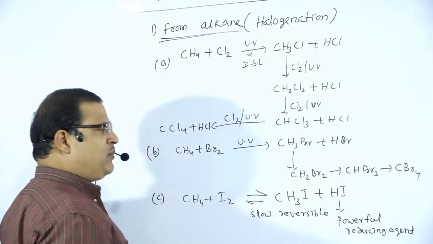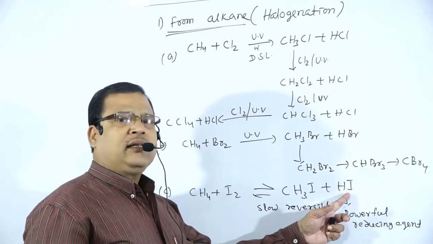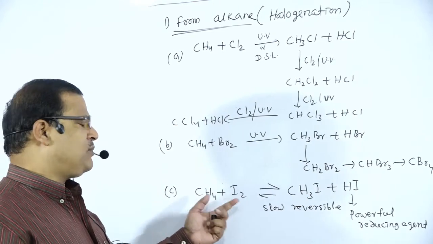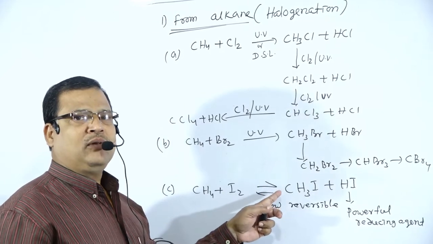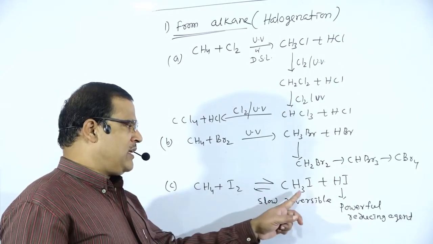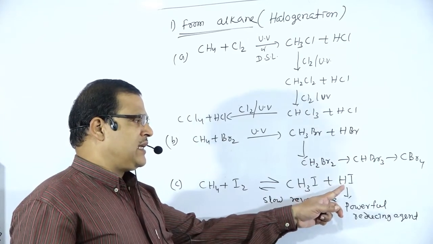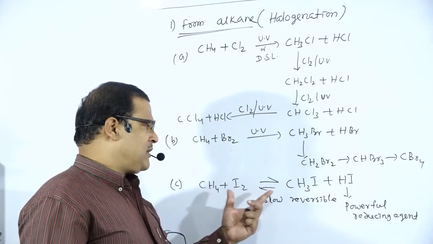HI reduces CH3I again to form CH4 and I2. The reaction is slow and reversible. Since the reaction is slow and reversible, it is carried out in presence of another oxidizing agent which will consume that HI.